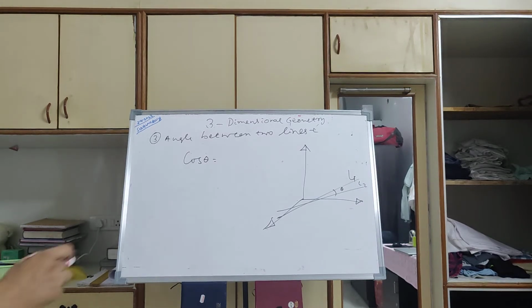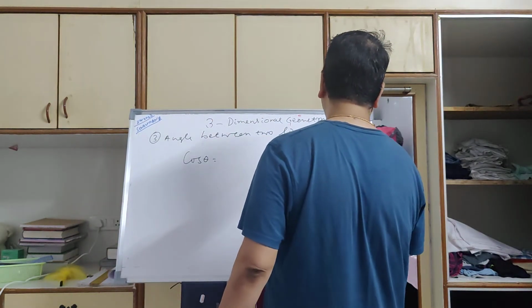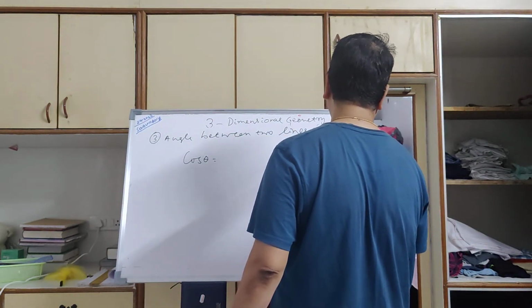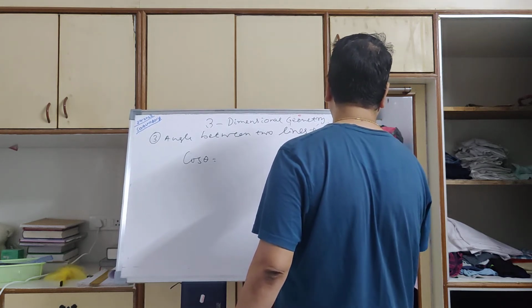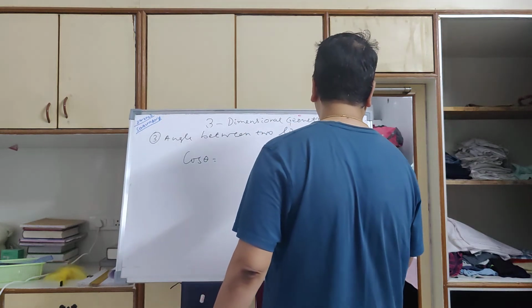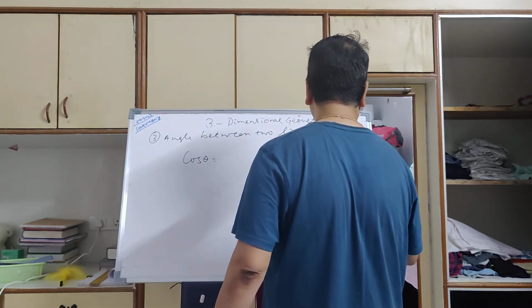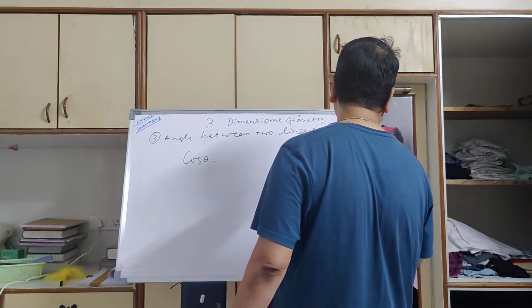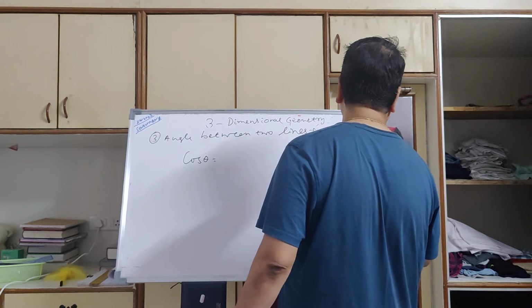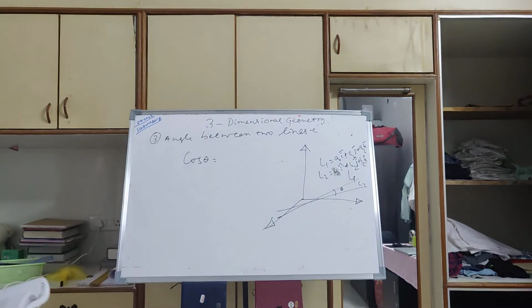So as usual, this line L1 can be written as A1 i, A2 j, and A3 k, right? And L2 can be written as B1 i, B2 j, and B3 k.